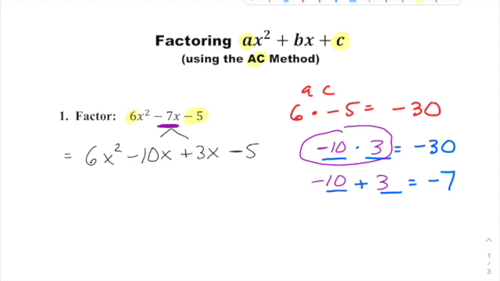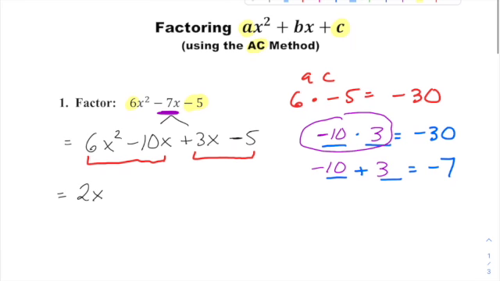Now there are 4 terms, and I'm going to use grouping. And if I found the right two numbers, then I should find my grouping technique works, if you remember our grouping factoring. So the first group, I'm going to factor out the greatest common factor, which would be 2x. And when I take that 2x out, I'm going to have 3x minus 5.